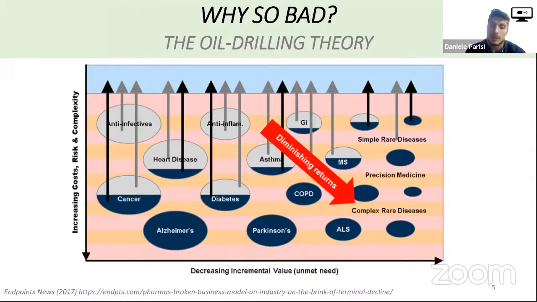We've been spending money on the more profitable indications, and we left at the bottom of the barrel the drugs that were more difficult to find and also less profitable. So over the years, we need more and more money to find those drugs and get them on the market.